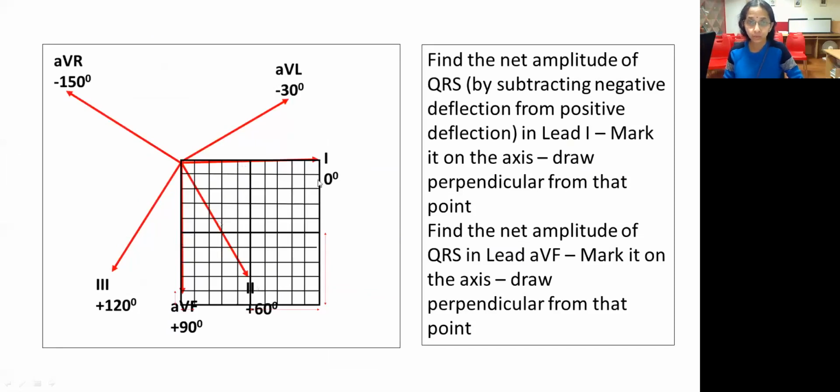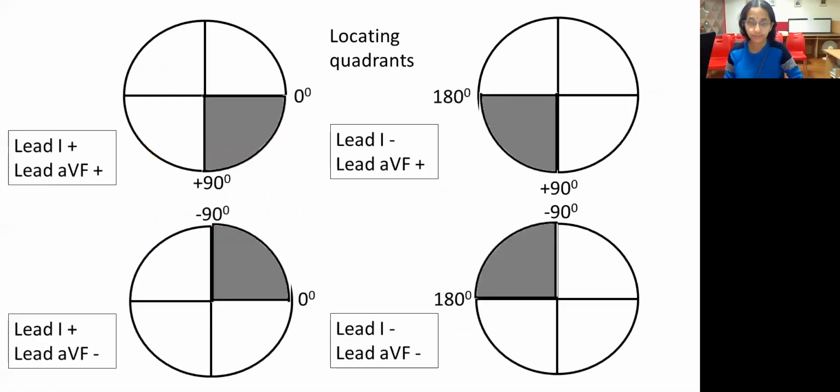So this is how you can use a grid sort of an understanding to plot the numbers of the net amplitude of QRS complexes and then draw a line perpendicular from that lead. It's not necessary for you to take only lead 1 and AVF. You can take lead 1 and lead 3 or AVL and lead 2, anything which you feel comfortable with to draw the lines perpendicular to that particular point.